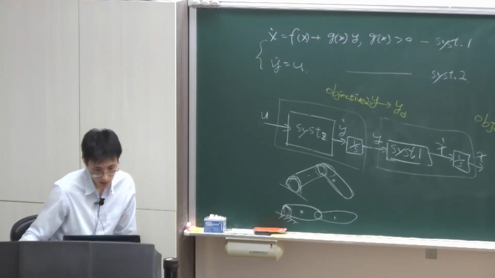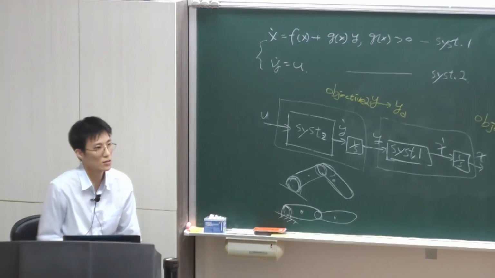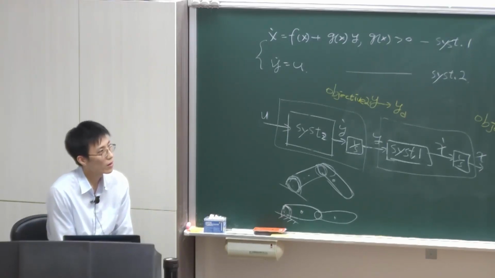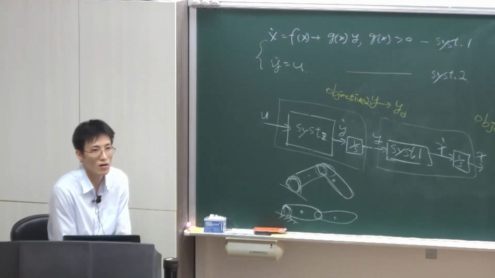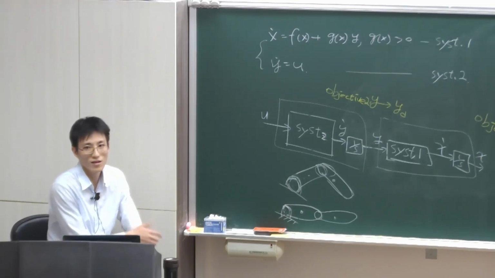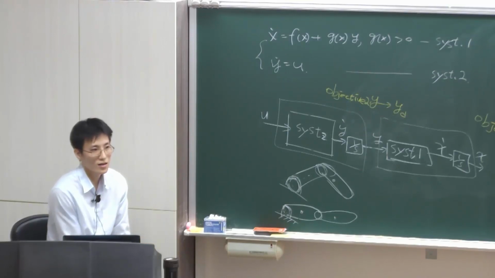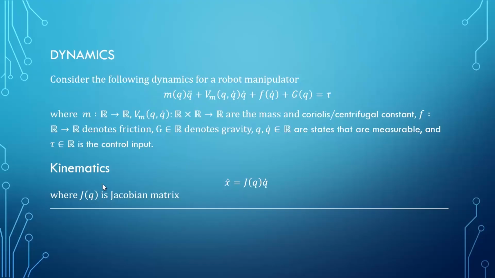So this part is dynamics. Now it's kinematics. Anyone knows what's the difference between dynamics and kinematics? What is the difference between the two? You will see M, the inertia or mass, in dynamics, but it won't appear in kinematics because kinematics is about the motion.